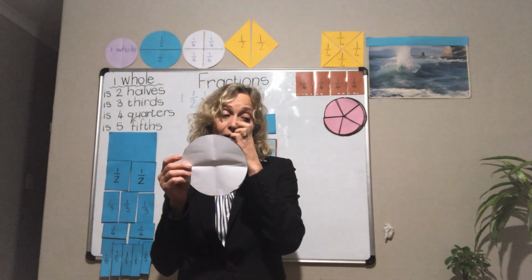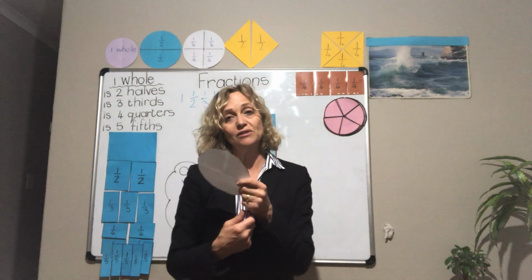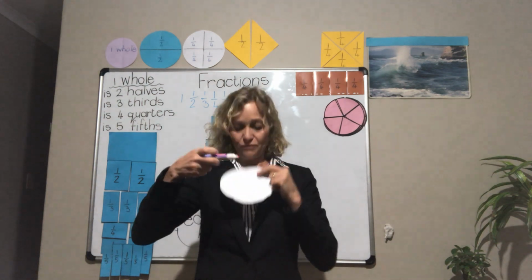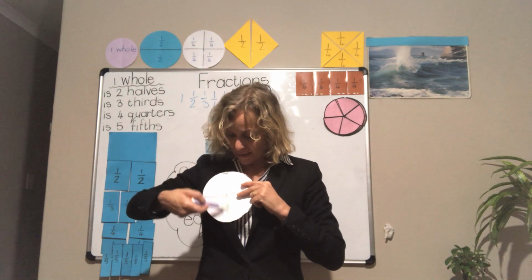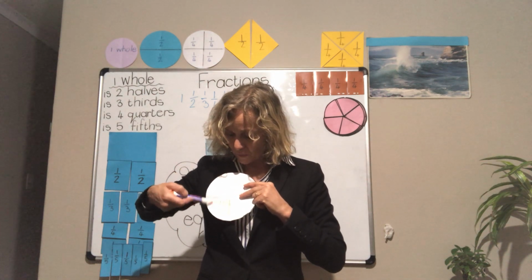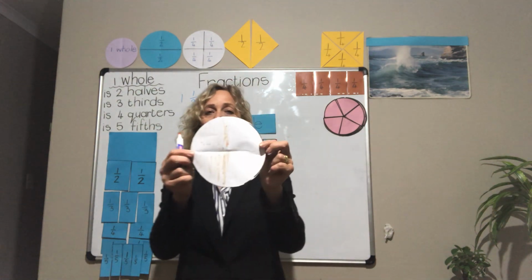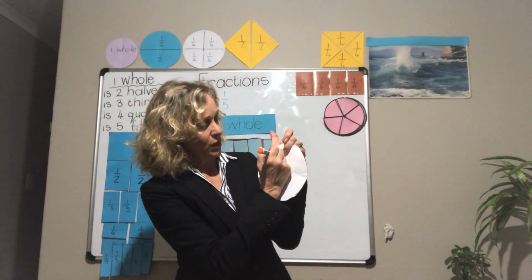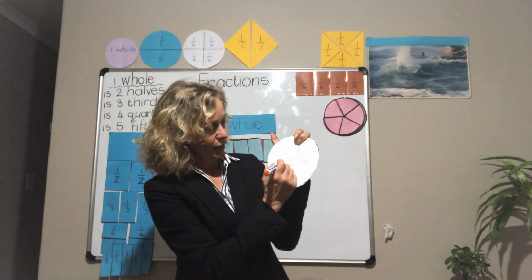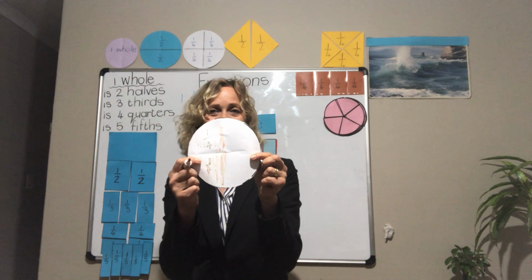And then I want you to take a coloring pencil, or a marker or whichever you want to use, and then color in 2 of your quarters. And what do we see? If I color 2 quarters here, what's left of this circle? The other half, which means 1 quarter and another quarter is the same as 1 half, right?